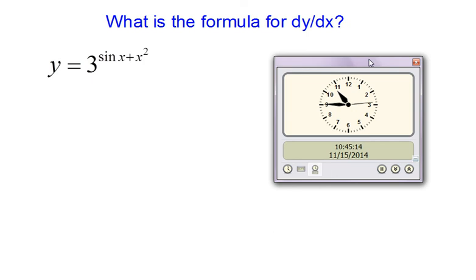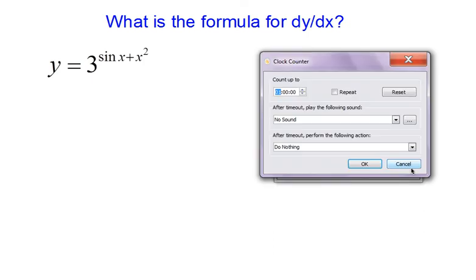We don't always necessarily look for the fastest approach. We look for an approach that will allow us to use our conceptual understanding so that we know exactly what we're doing at every stage, but which is also reasonably efficient. So I'm going to set a timer, and I'm going to compute a formula for dy dx using properties of logarithms and implicit differentiation. So here goes.